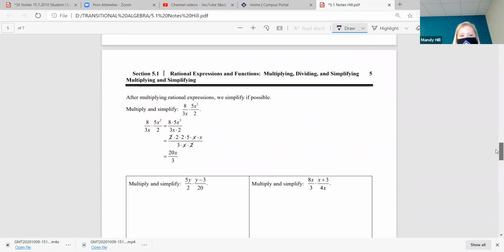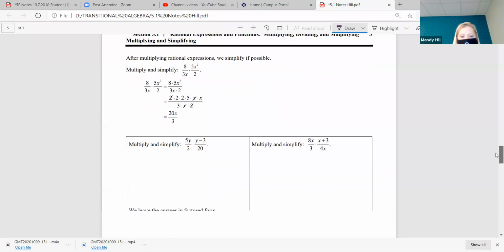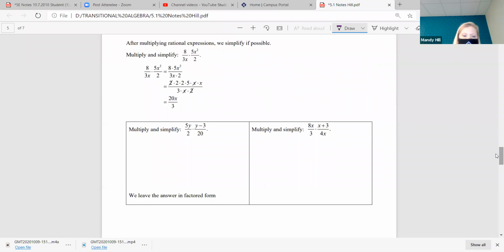Okay, multiplying and simplifying. So when you multiply straight across. And the other advice I would give you is, I like to try to simplify before I multiply. For instance, if I can notice anything has something that will cancel out before I multiply, it makes my life a lot easier.